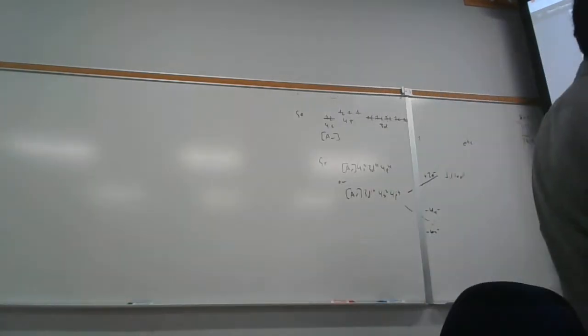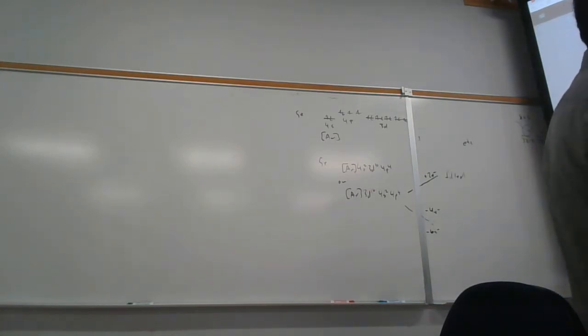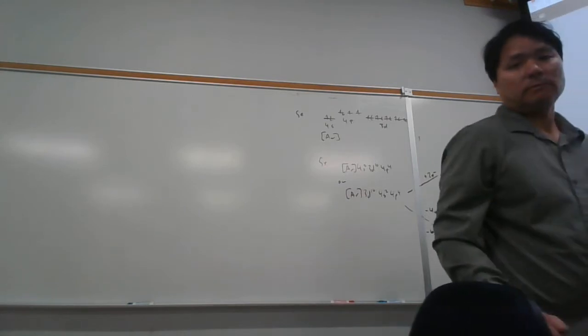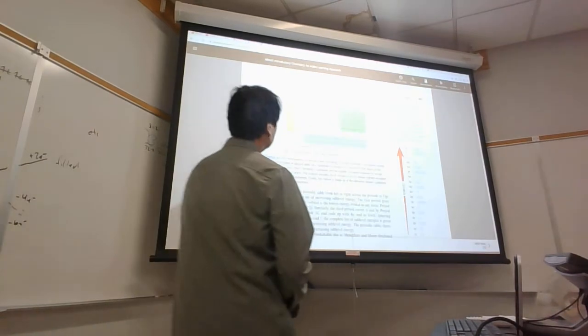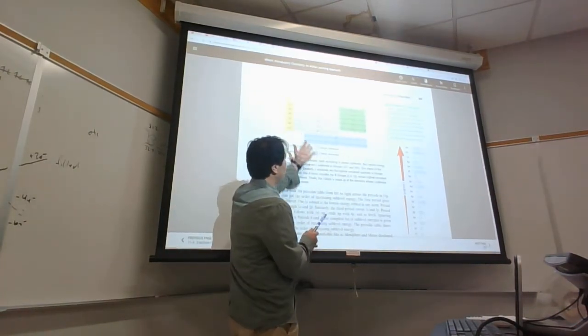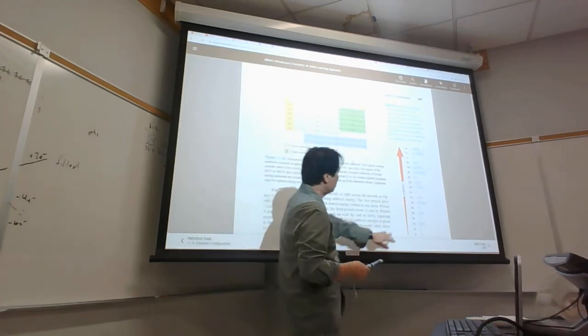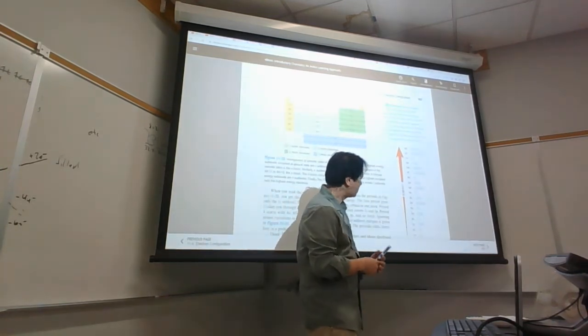So let's take a look at the book. So here we can see the orbitals, and so this is a more fundamental description of the periodic table, and this is theory. Here you see another thing. What is this?